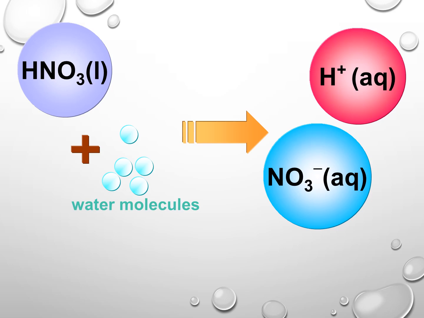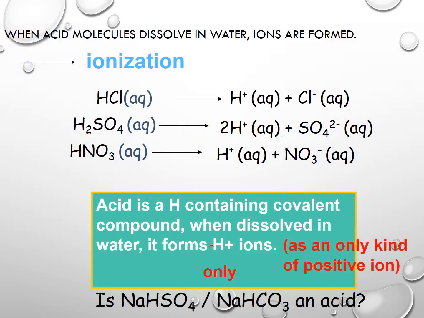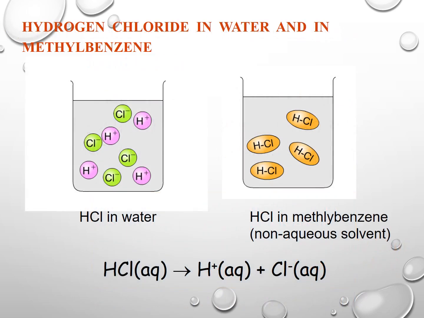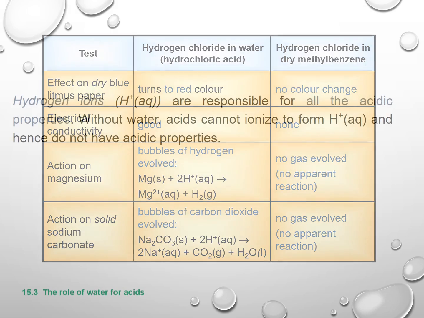In this section, we focus on why water is essential for acids and how acids are classified according to basicity. Pure acids consist of covalent molecules. When these molecules dissolve in water, they ionize to produce hydrogen ions. This process is known as ionization.